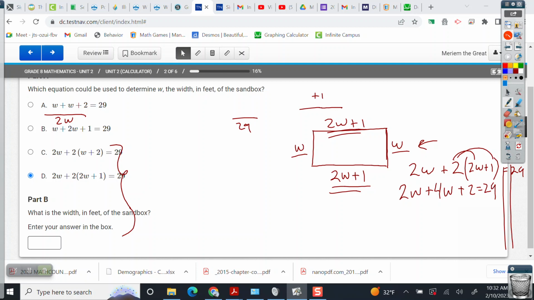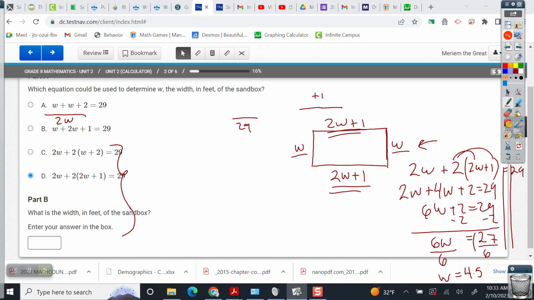All right, 2W plus 4W, that's a total of 6W plus 2 is equal to 29. Minus 2, because we need to get this W by itself, and so we get 27 is equal to 6W. Still not done, so we're going to divide by 6, and 27 divided by 6 is 4.5, so we get W is equal to 4.5.